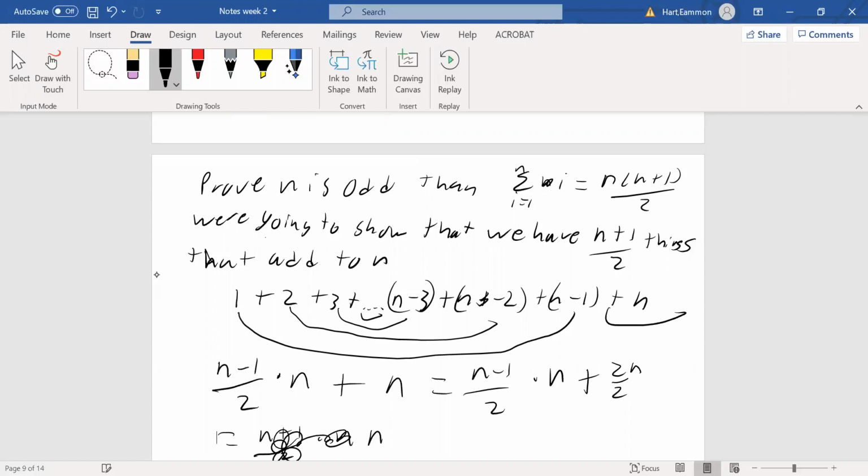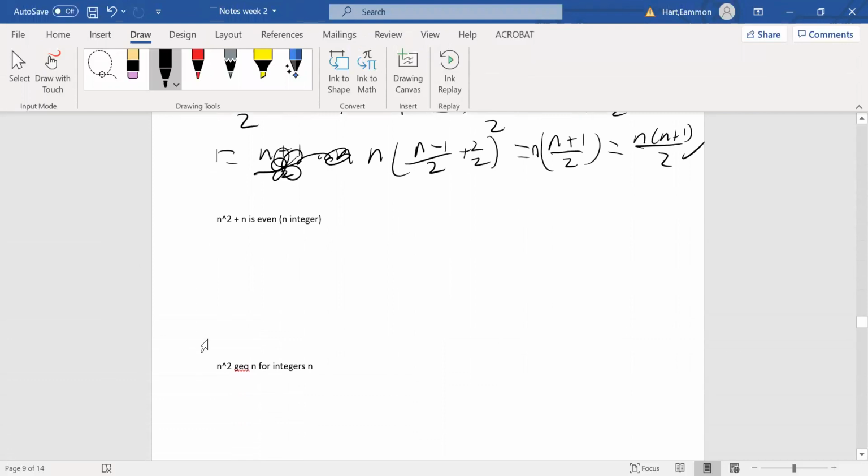I'm skipping a step of algebra that you guys should be able to follow, but just to spell everything out for you, we can pull the shared n out of both of those guys, and that gives us n plus 1 over 2 times n, which is just the same thing as n times n plus 1 over 2. Therefore, it also holds in the case where n is odd.